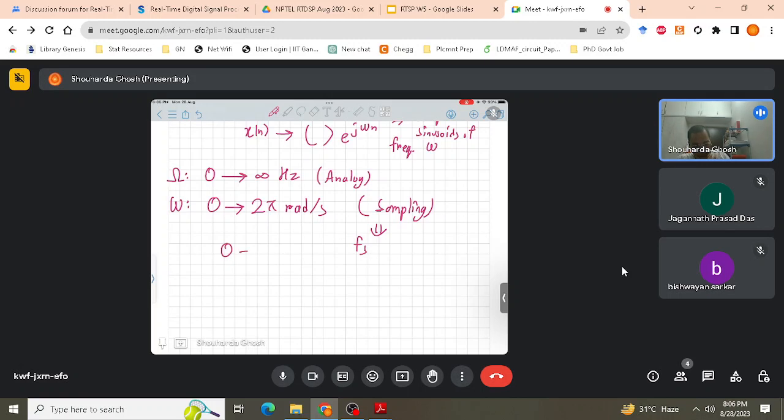Our analog frequencies map to digital frequencies in this way. In analog we denote by this omega, and in discrete time we denote it by this omega. So 0 maps to 0, 2 pi maps to fs, that is the full sample rate. Sorry, it is the opposite way around.